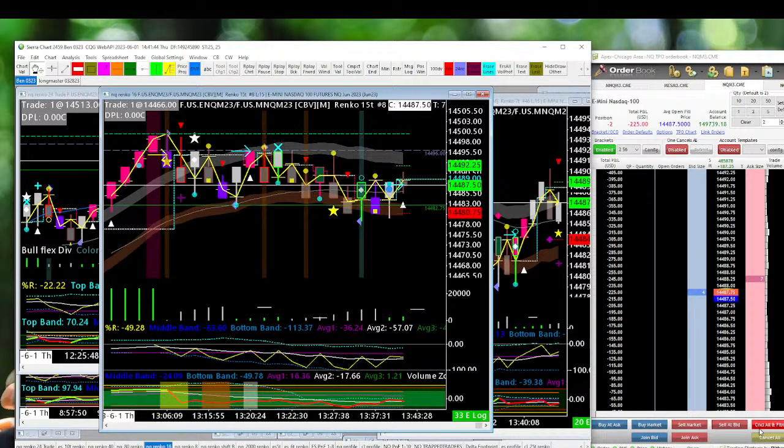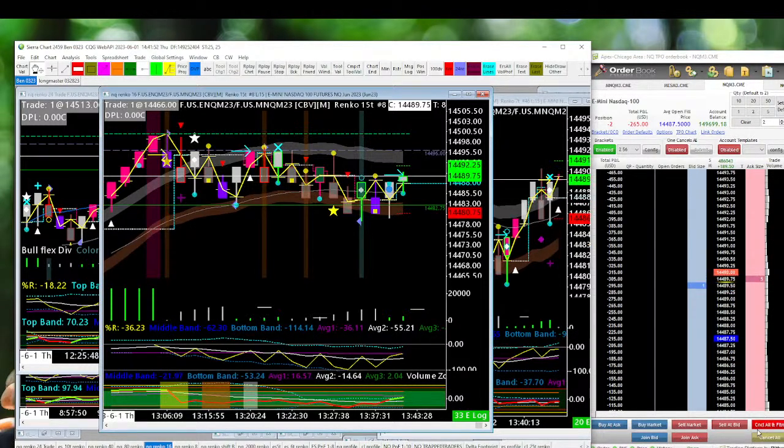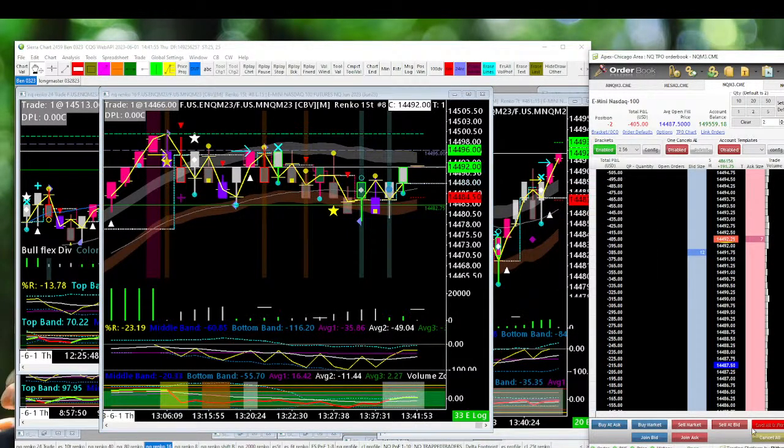I can't believe they missed my exit by like a tick. Ugh, gross. See them defend it? It's going to be green, then they're going to go. That sucks.